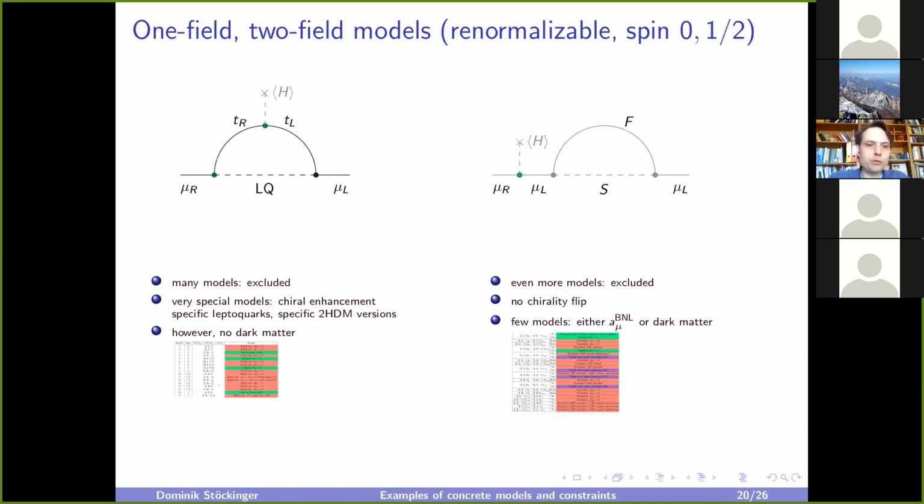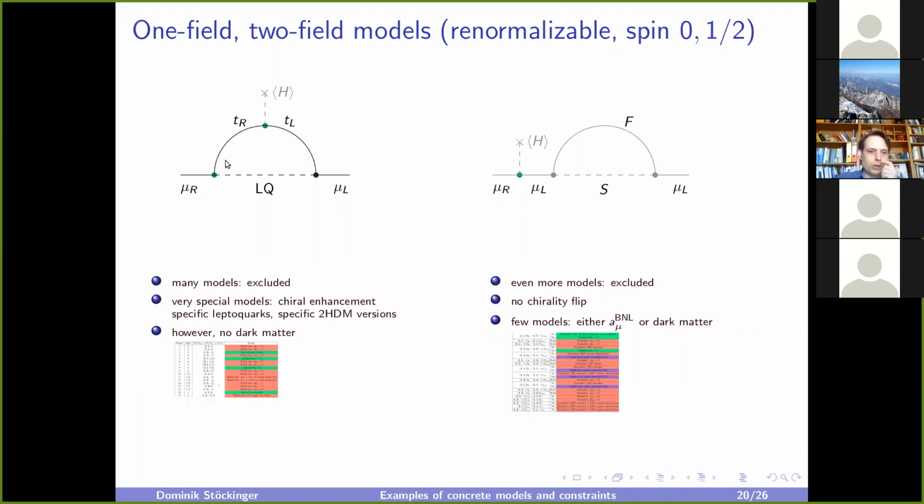So we cover 1 field extensions, 2 field extensions, 3 field extensions, just organized by the quantum numbers. We always require renormalizability, and we only looked here at spin 0 and spin 1/2. So we did not consider here, for example, Z prime models, although they are, of course, also interesting. But let me focus on the results from this particular analysis.